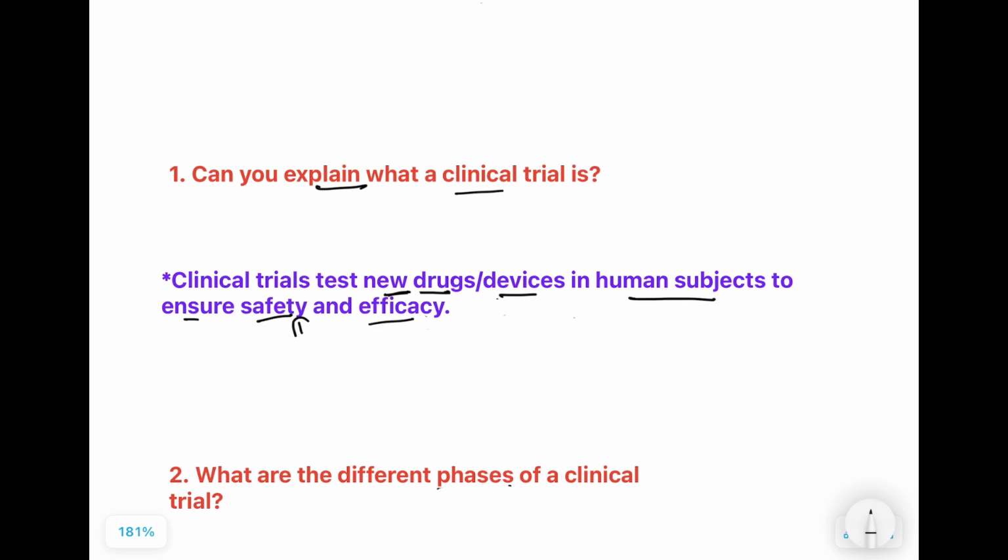These two words are super important, safety and efficacy. Safety, is it safe? Efficacy, is it working? Right. These are the two most important questions that we try to answer in clinical trials.